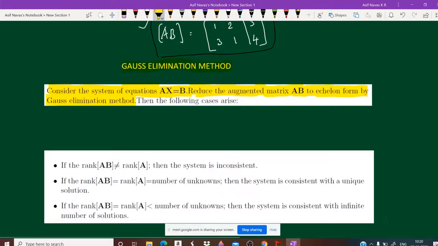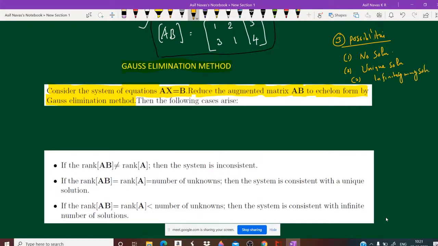Before going to that, for a linear system there are three possibilities for the solution. First, the system may have no solution. Second, the system may have a unique solution, only one solution. And third, the system may have infinitely many solutions.